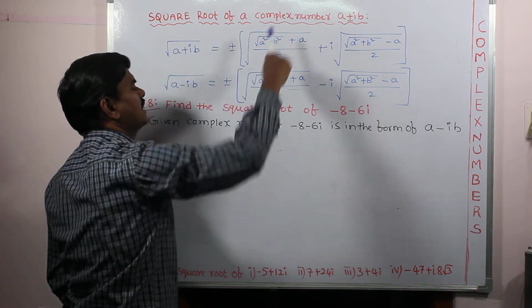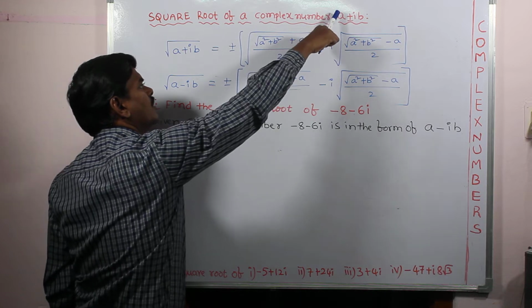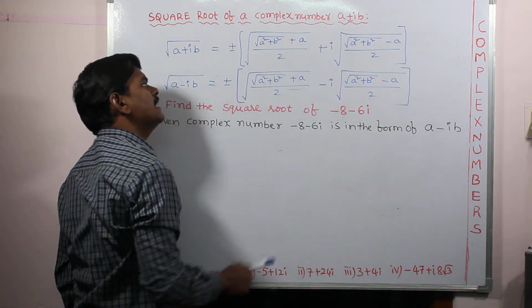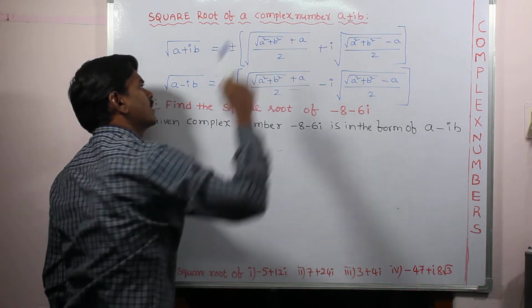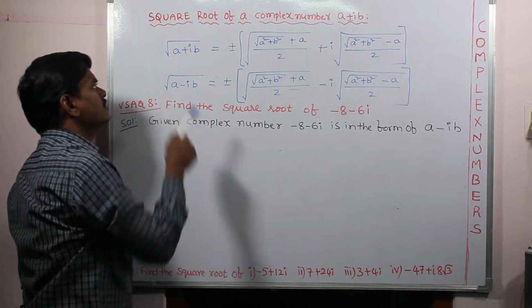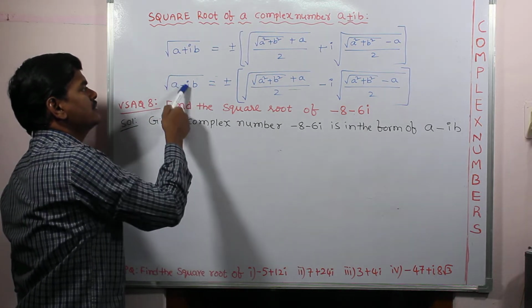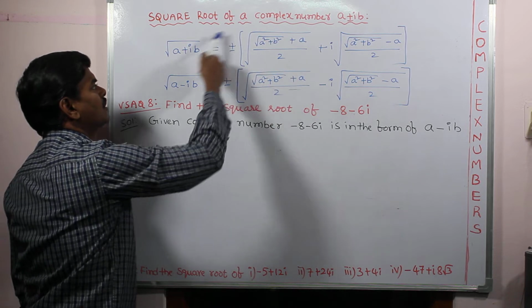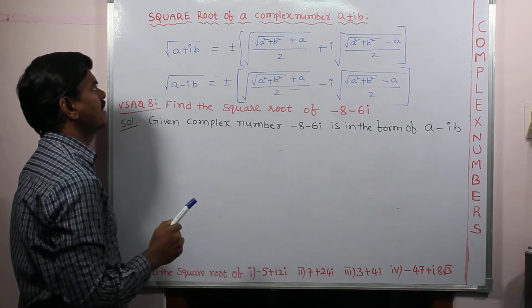We know each and every complex number will be in the form of either a plus iota b or a minus iota b. So by using these two formulas we can find the square root of any complex number.